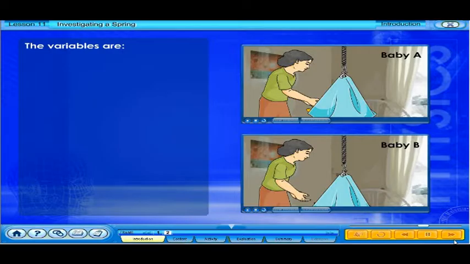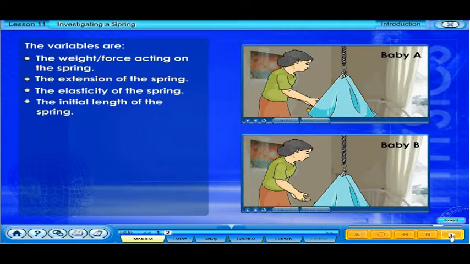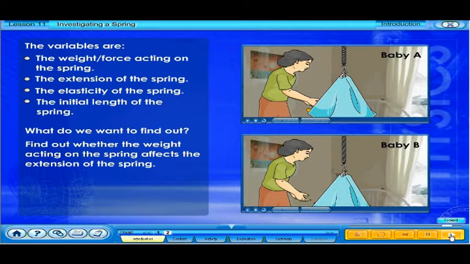The variables are the weight or force acting on the spring, the extension of the spring, the elasticity of the spring, the initial length of the spring. What do we want to find out? We want to find out whether the weight acting on a spring affects the extension of the spring.